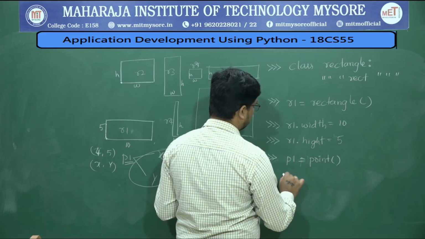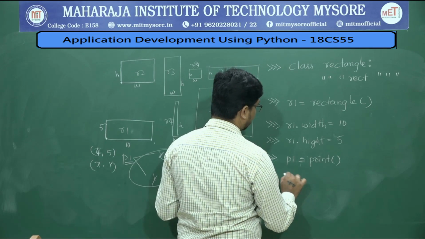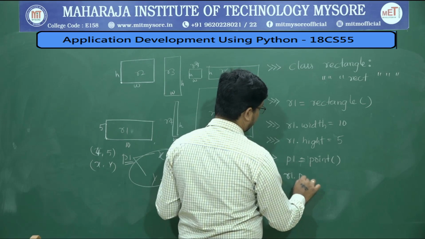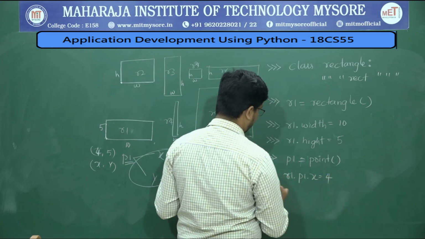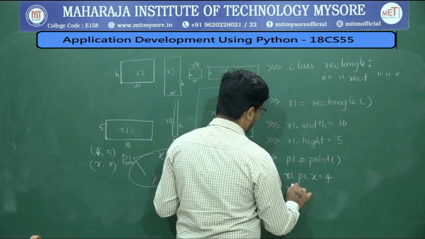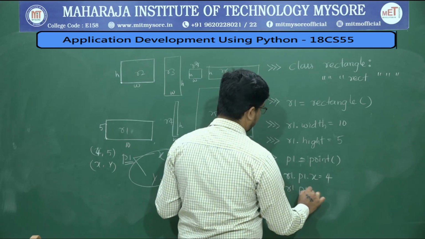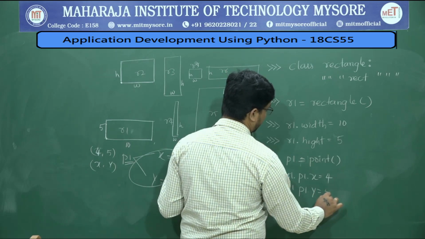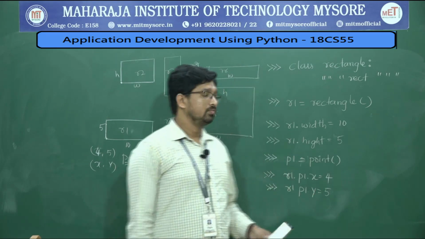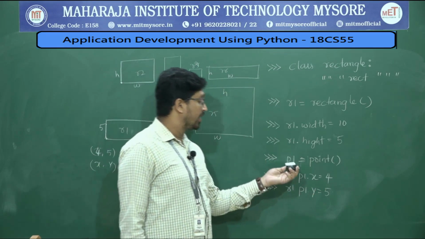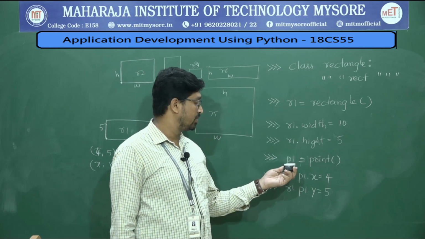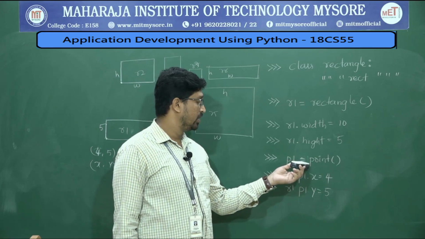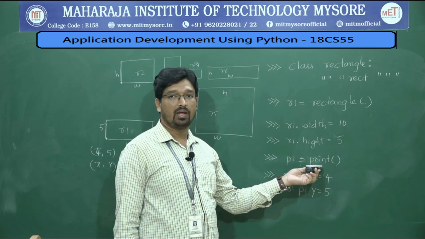Then I can write R1 dot P1 dot x is equal to 4. R1 dot P1 dot y is equal to 5. Okay, I have created one more point variable called P1.